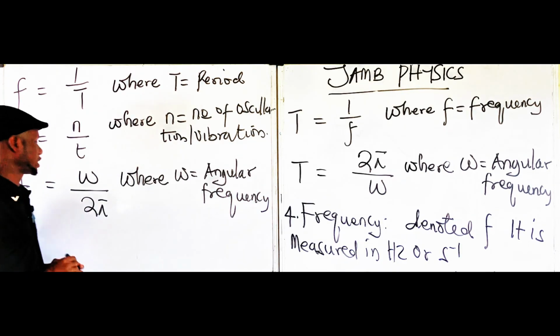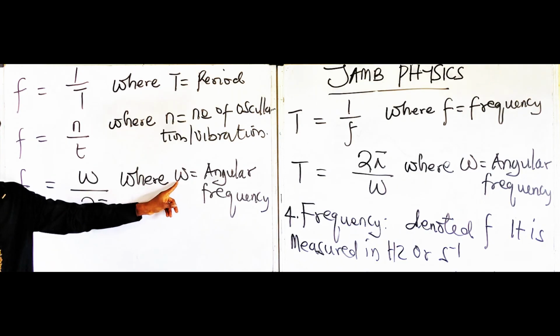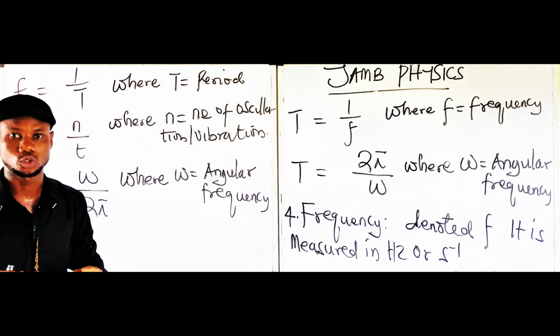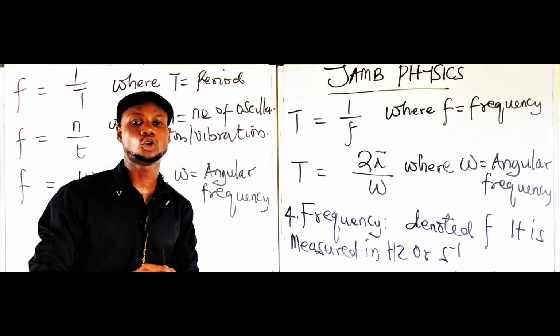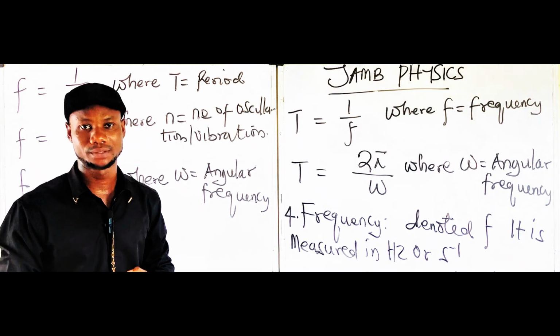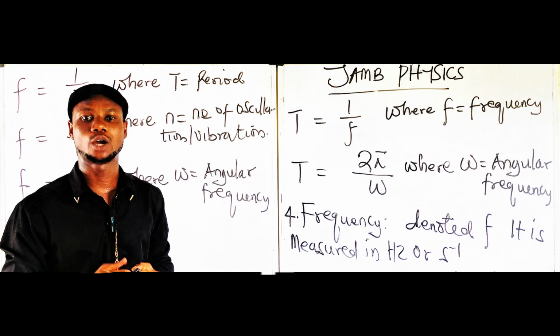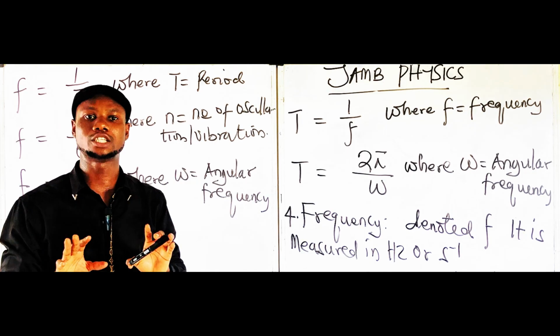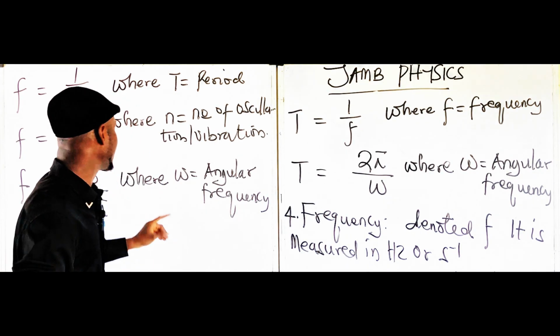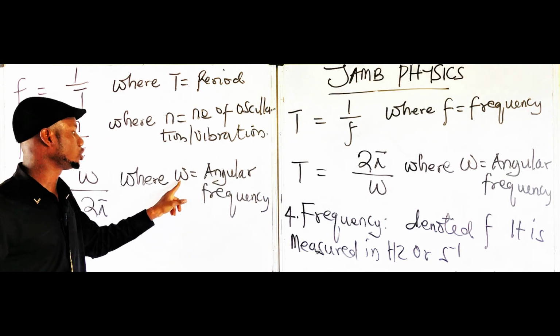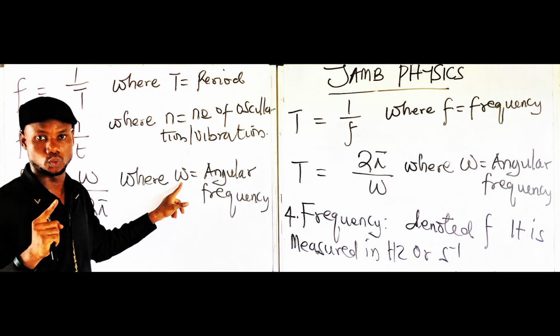Okay, now this letter omega here is somehow confusing to students. Sometimes omega is called angular frequency, sometimes in some topics it is called angular velocity. So let me try to make this clear. Omega can be called depending on what you are relating it to.